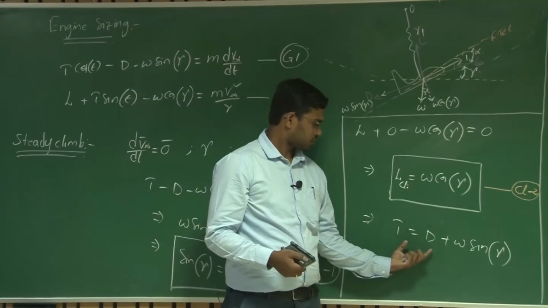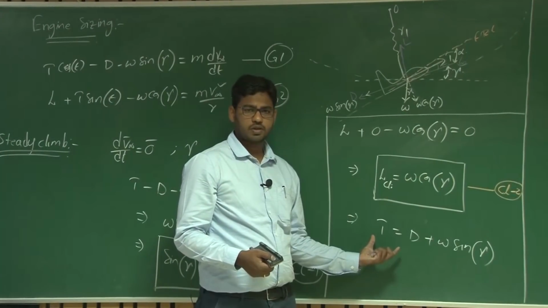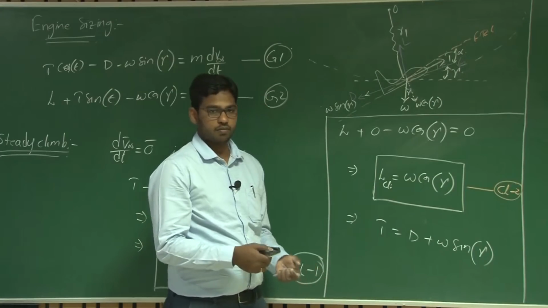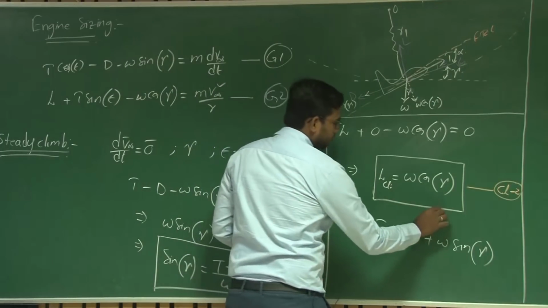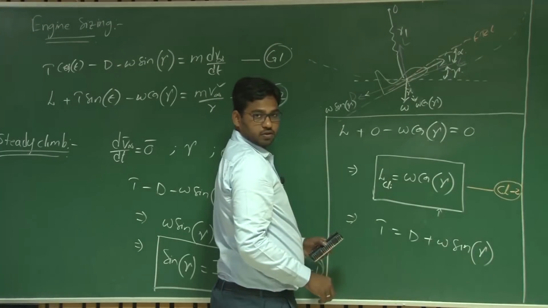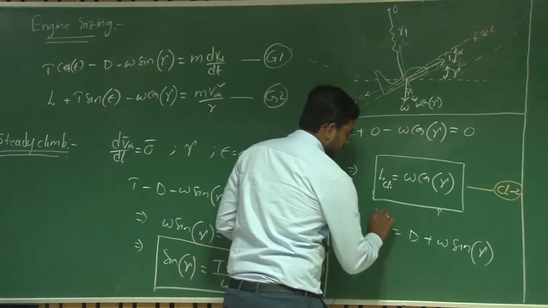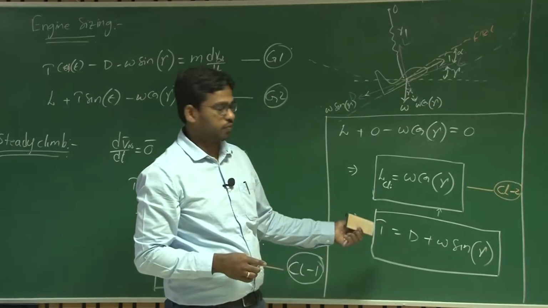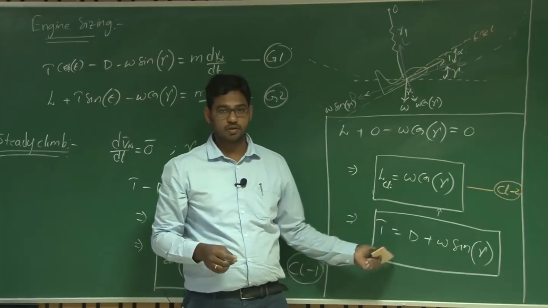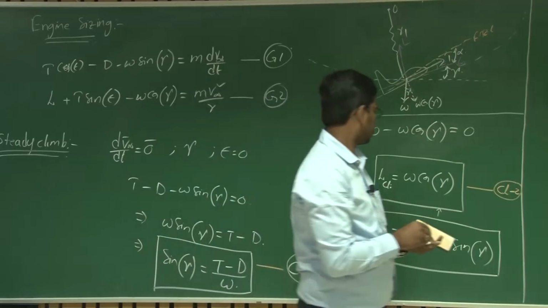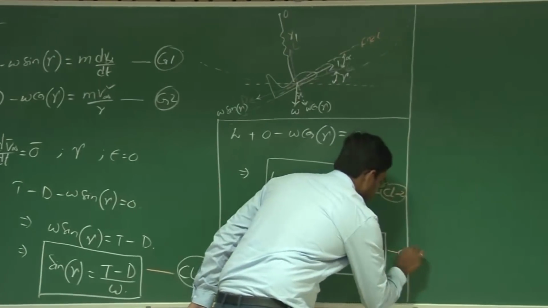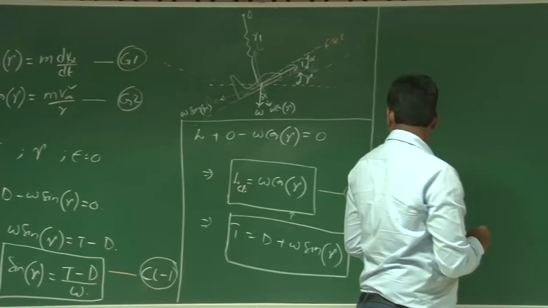So you need to produce more thrust compared to that of a level flight while climbing. This additional weight is taken by the engine, right? So the engine, or the power plant, will lift the additional weight. CL3, climb 3.